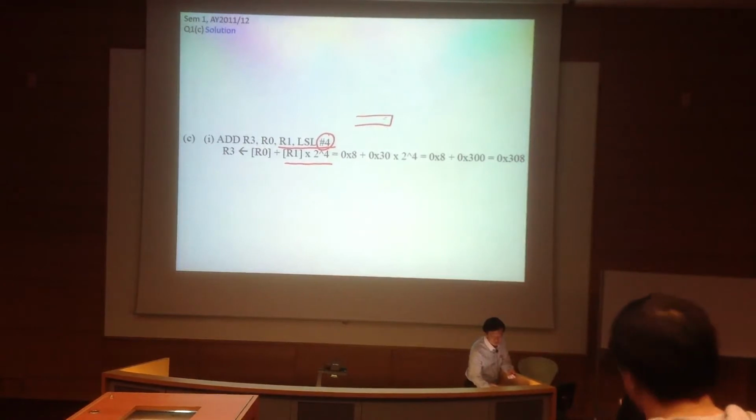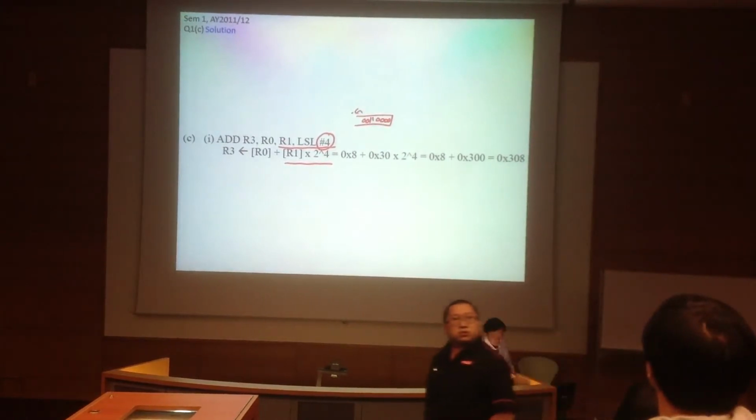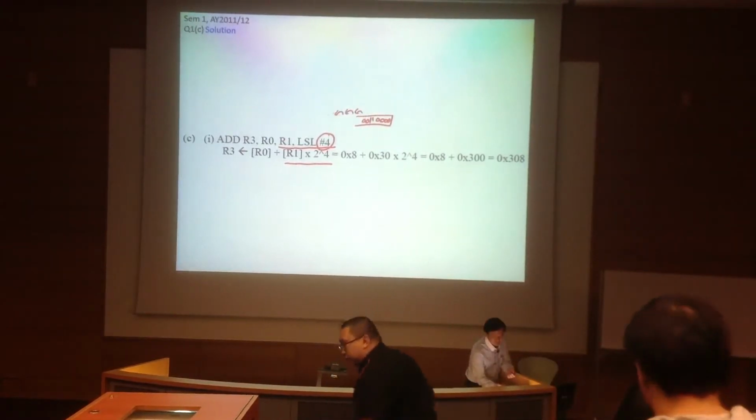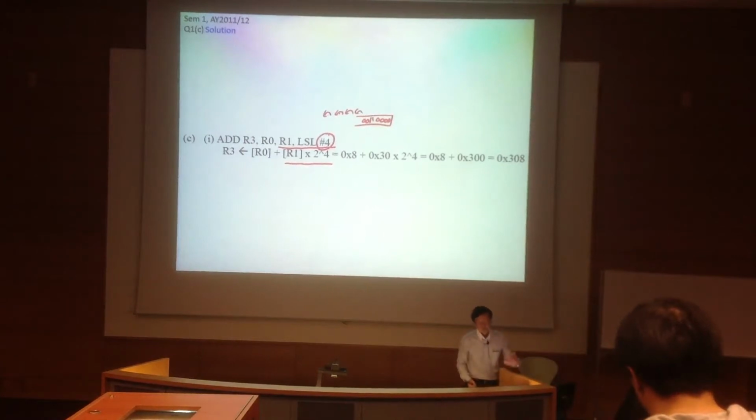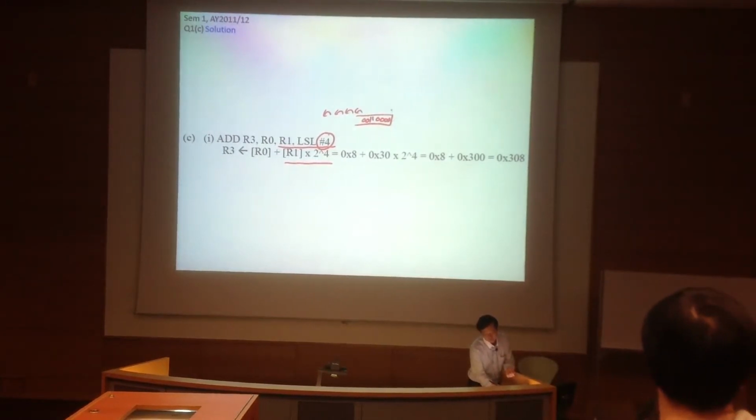30 in binary is 0011, right? So if you shift everything, all bits shift 4 times, it will end up being 16 times bigger. When you shift, you will introduce 4 new zeros inside.